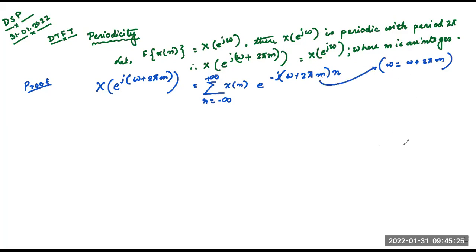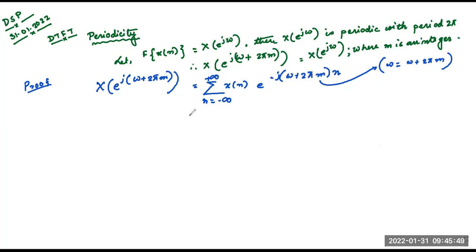If I take the n inside, the exponent becomes e to the power minus j (omega n plus 2 pi m n).